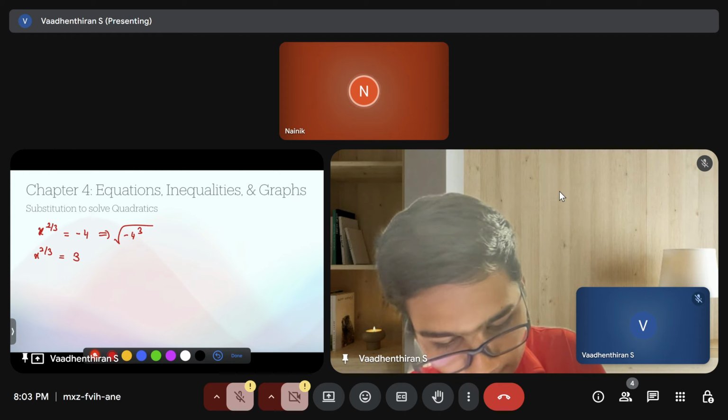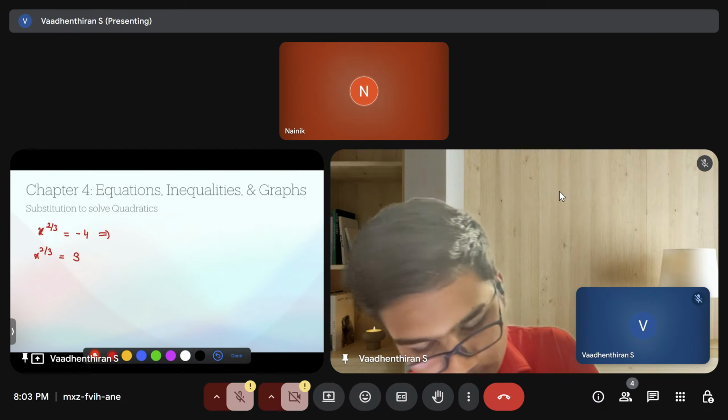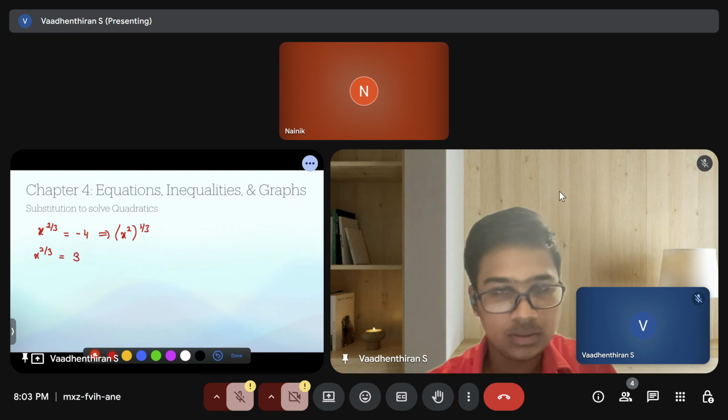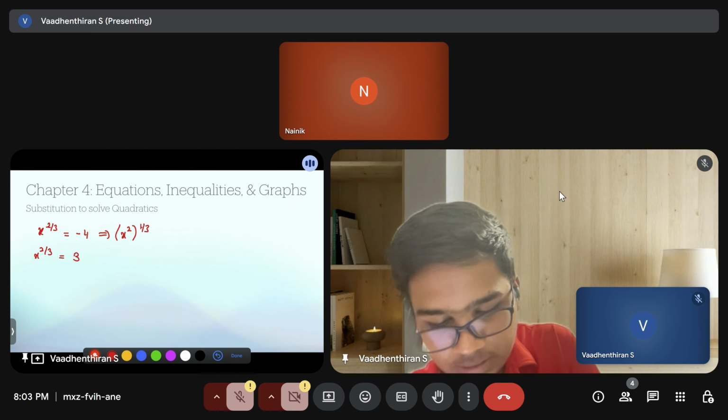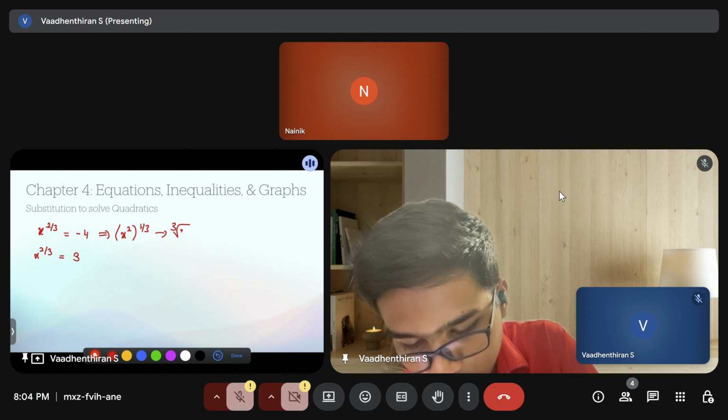Wait, what? No, but then it won't be 3 by 2, not 2 by 3. What you did before was, you know that x squared to the power 1/3 is x^(2/3), right? So then 1/3 is basically a cube rooting the x squared.